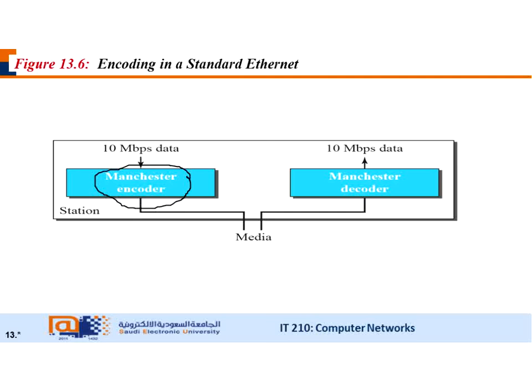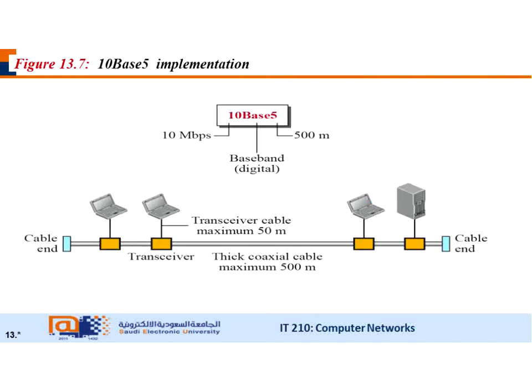And at the receiver side, the received signal is interpreted and decoded into data by using a Manchester decoder. Manchester encoding is self-synchronous and it provides a transition at each bit interval.